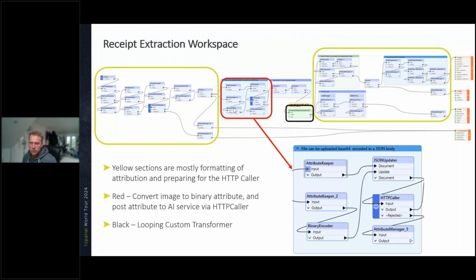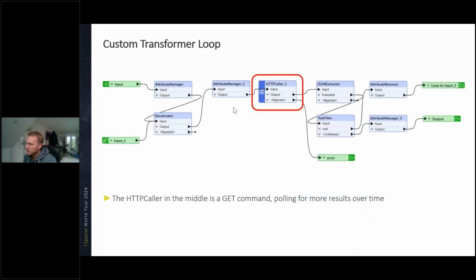In red, we see the image of a receipt being converted into binary, because it's a binary value which the API requires, and then we're posting it to the HTTP caller, the AI service. The black box here is interesting. We're running a looping custom transformer that allows us to regularly poll the API using a get command in order to ensure that we've got every single result back before we return the table to the end user.